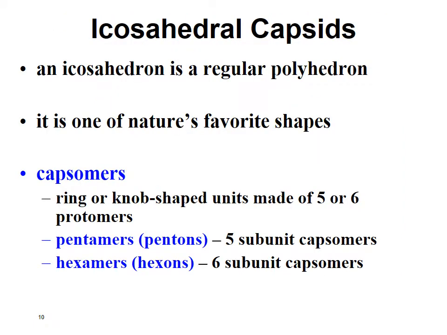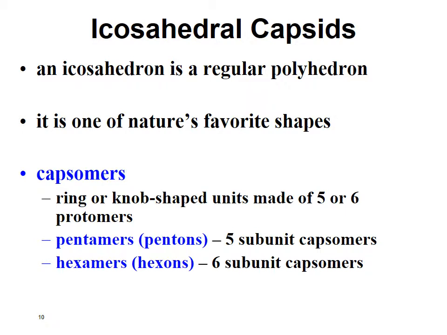The second type of symmetry commonly seen is the icosahedron. The icosahedron is a regular polyhedron with 20 equilateral triangular faces and 12 vertices. It's one of nature's favourite shapes, and the icosahedral capsid is the most efficient way to enclose a space.